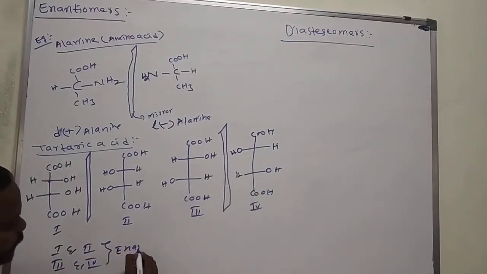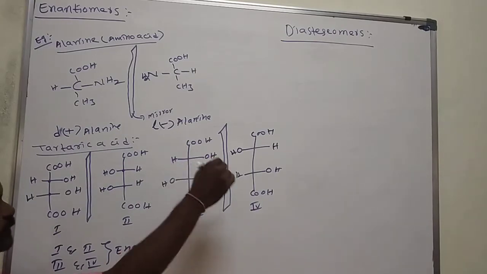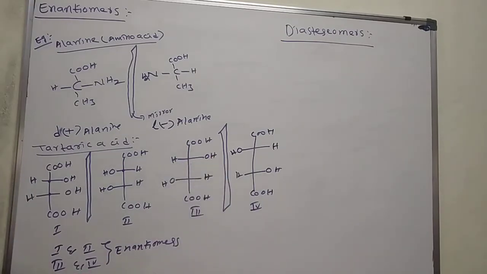So we call them enantiomers. This is carbon. This is another way to write an organic molecule, which we call the Fischer structure of an organic molecule. In continuation I will explain all of that. First and second, third and fourth, both pairs are called enantiomers.